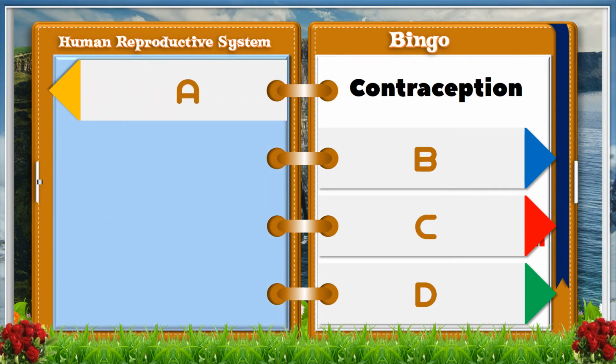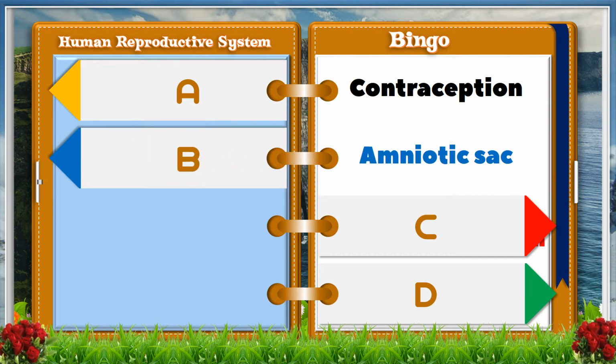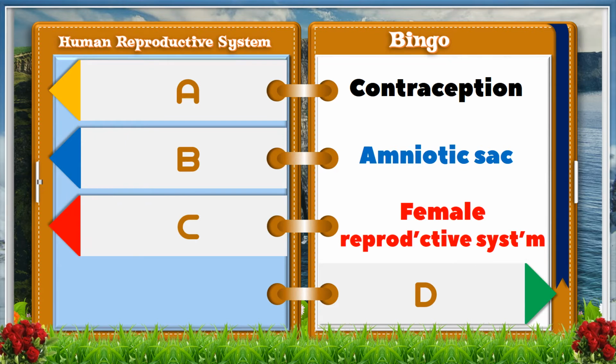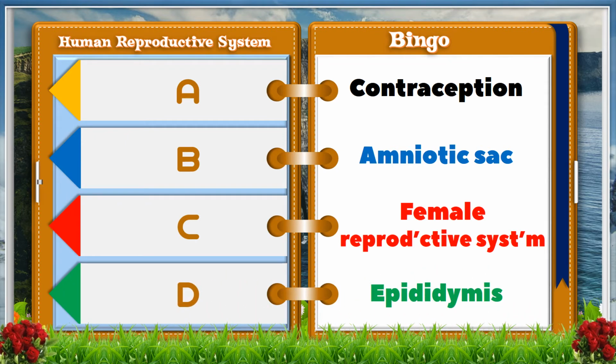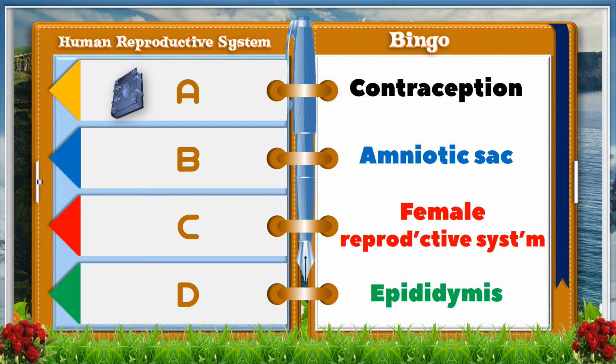A. Contraception. B. Amniotic sac. C. Female reproductive system. D. Epididymis. And the answer is A. Contraception.